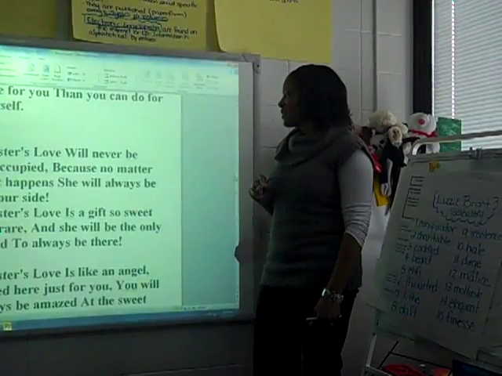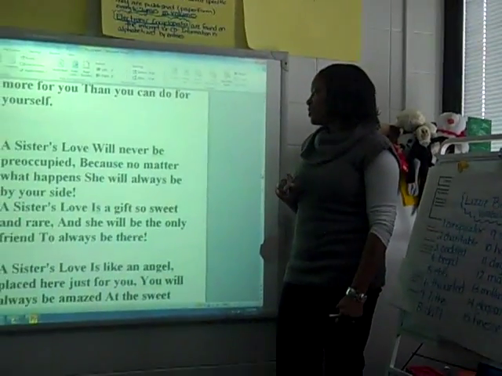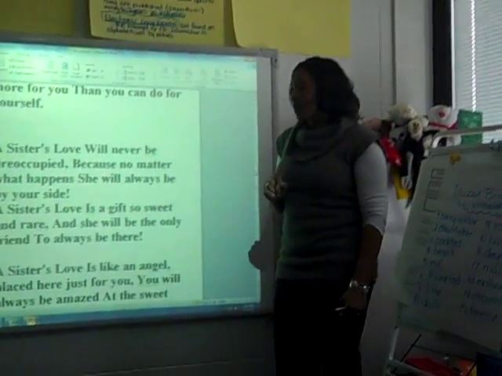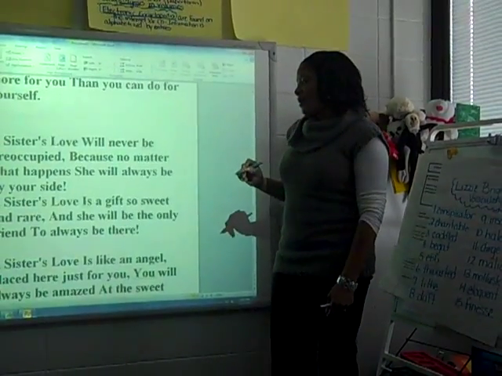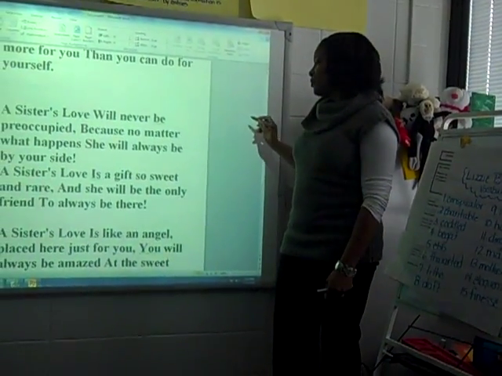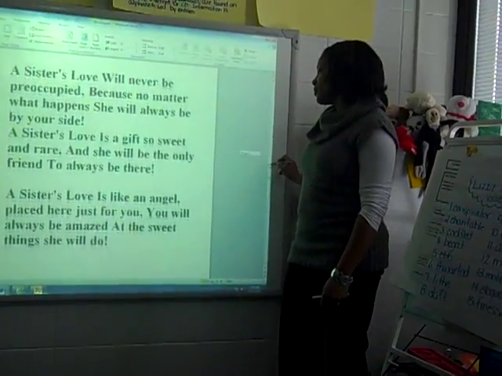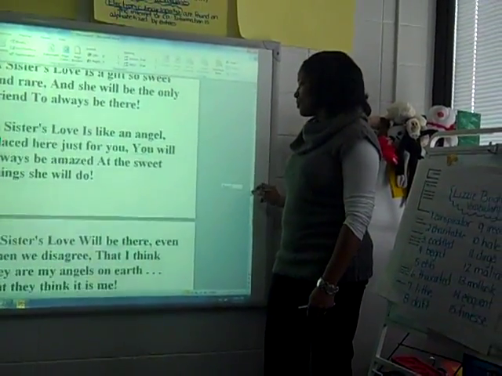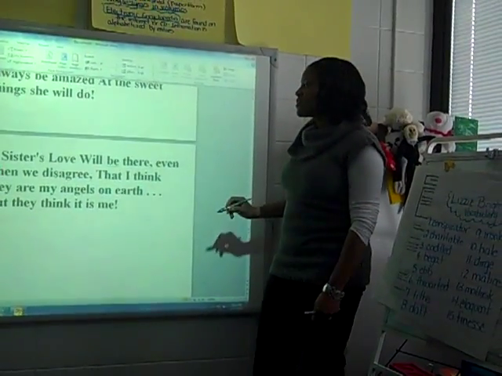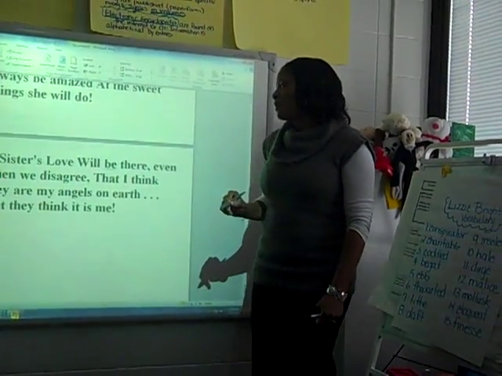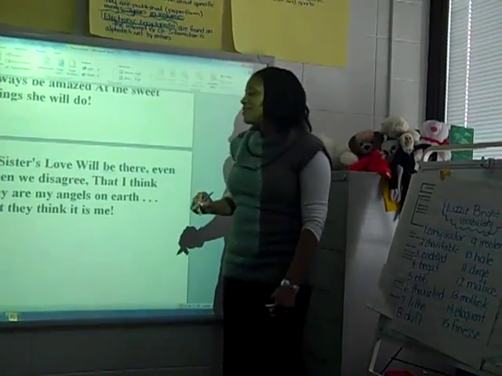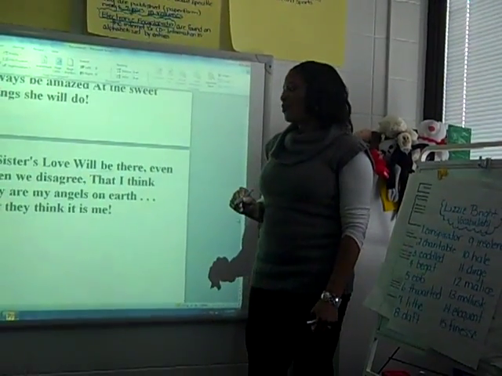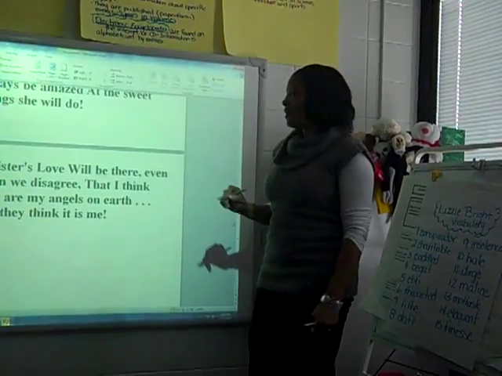A sister's love is a gift so sweet and rare, and she will be the only friend to always be there. A sister's love is like an angel placed here just for you. You will always be amazed at the sweet things she will do. A sister's love will be there even when we disagree. I think they are my angels on earth, but they think it is me.